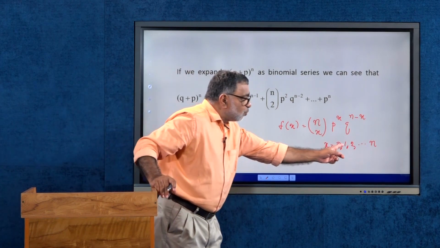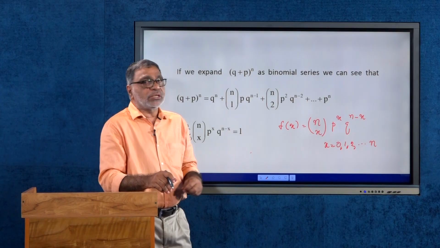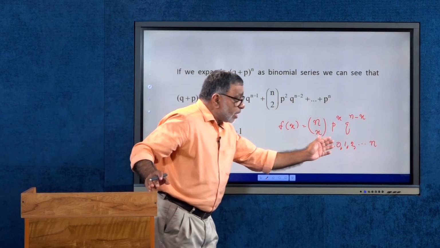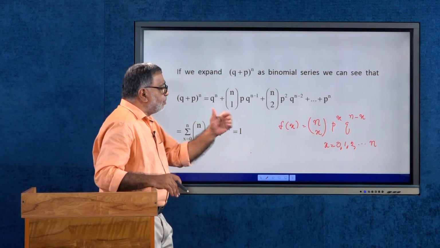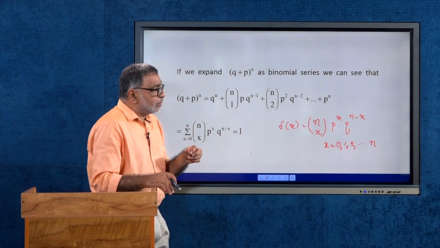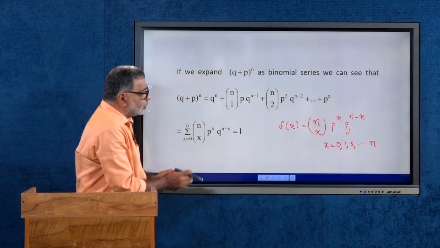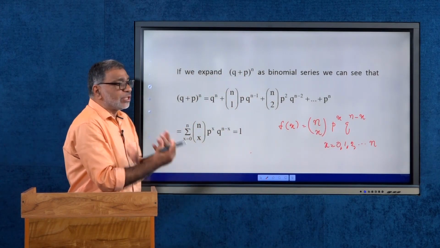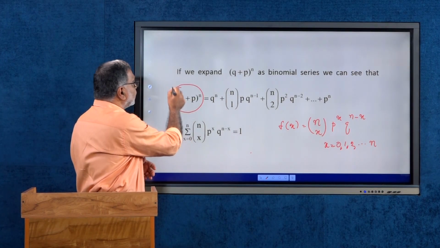When x is equal to 1, this value becomes nC1 p power 1 q power n minus 1. And when x is equal to n, this value becomes p power n. So that means these probability mass function values are actually successive terms of the binomial expansion of (q plus p) all power n.